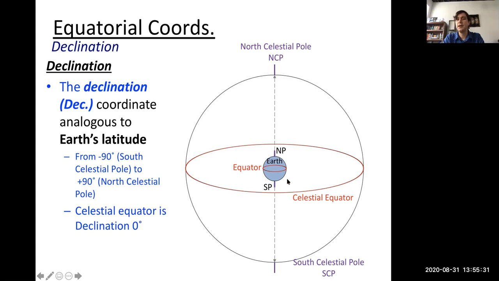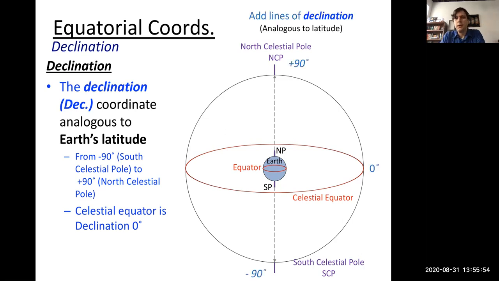And now let's take this idea of latitude, how many degrees are you north, and let's project that same idea out onto our celestial sphere. So we will literally take Earth's latitude system and imagine the same idea on the celestial sphere. We can do that.